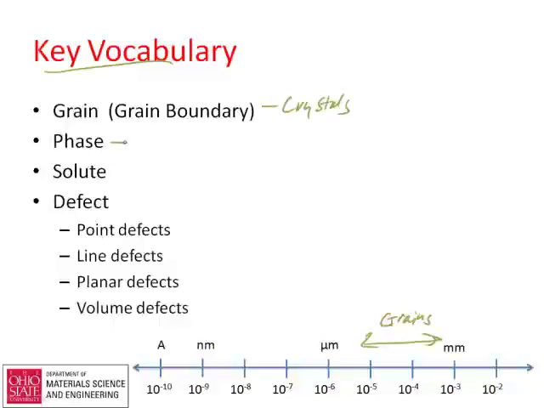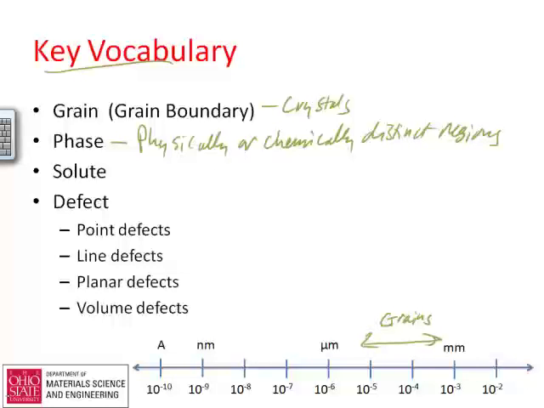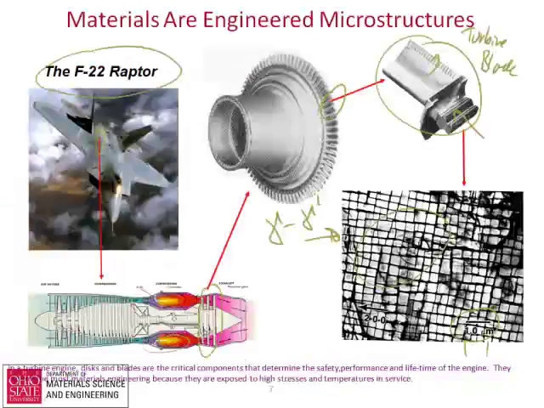Phases, what we mean by phases are areas that are physically or chemically distinct. Chemically or physically distinct regions. For example, back here, this is a two-phase structure.